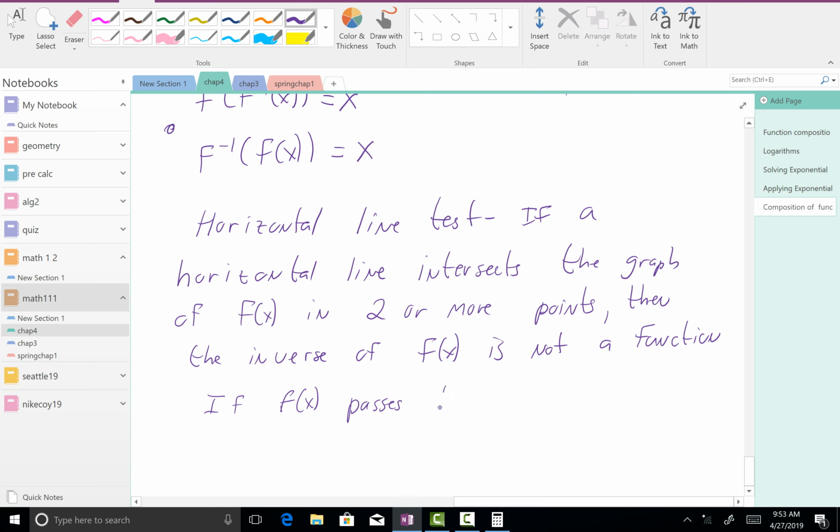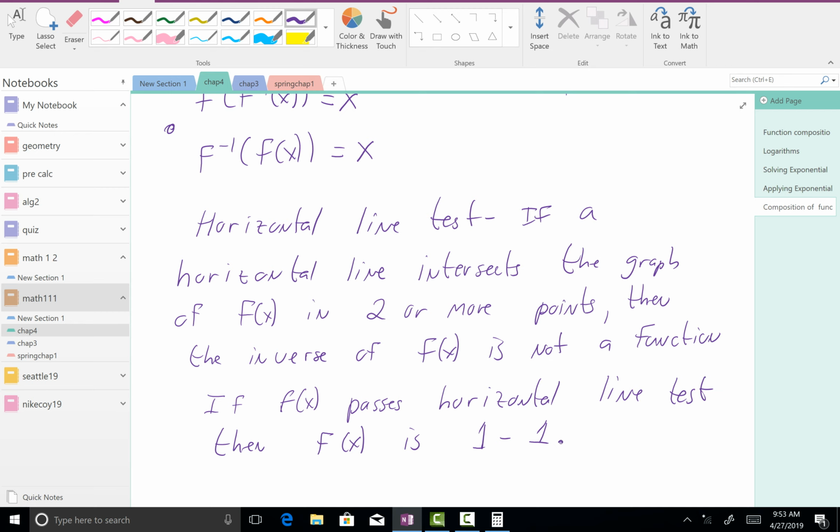I know this is a lot of stuff. Then we say that f of x is 1 to 1. Okay? Meaning, and you guys all know this because we were testing on it, you nailed it. Right?